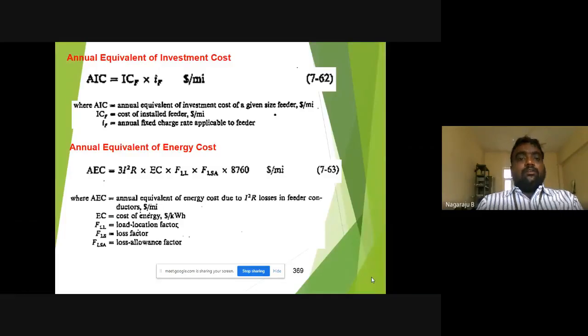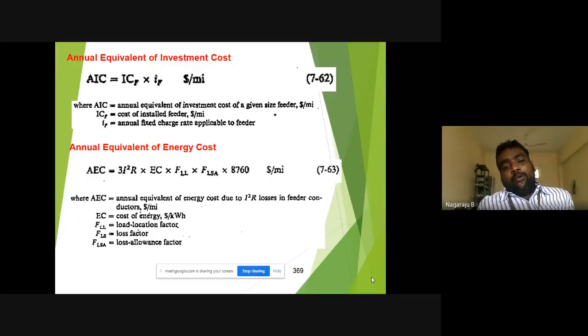So annual energy cost is determined as a product. This is due to copper losses in the feeder conductor. When the copper losses are there, automatically I square R, how much current is there, that much drop you will have.